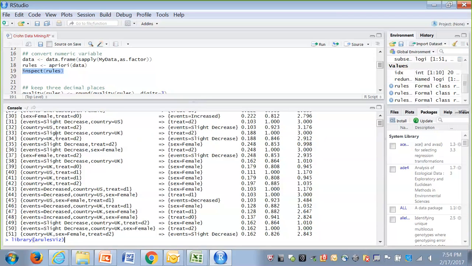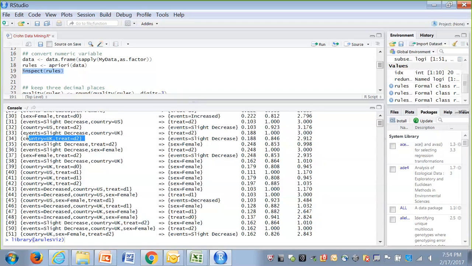So anything that could be UK treatment D2 is at a higher level than a rule like this one here, which is a 3-level rule. It's basically concatenating, saying we see a slight decrease with country, or this one here: events a slight decrease, countries UK, treatments D2.